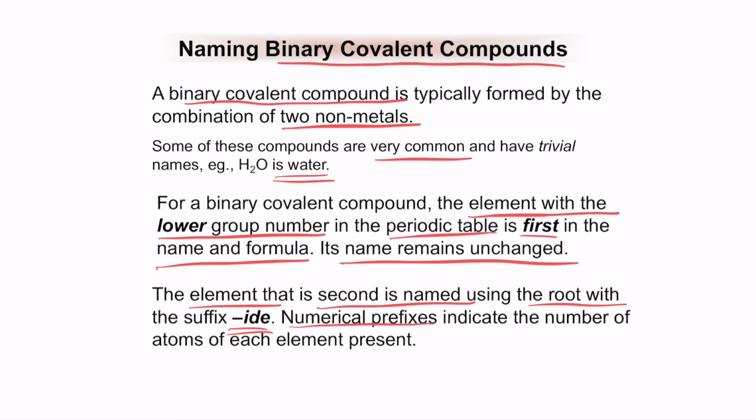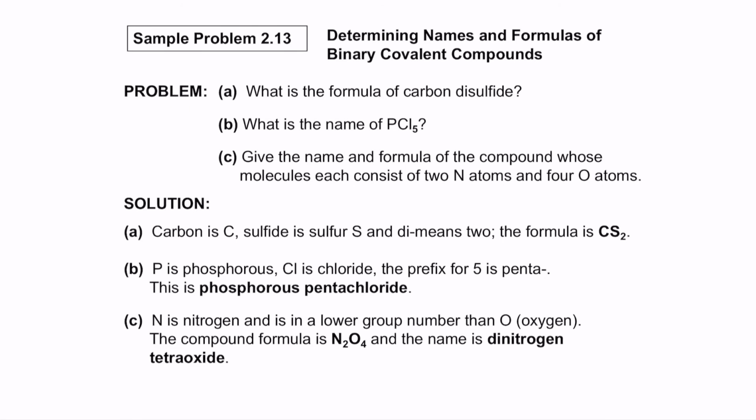Numerical prefixes indicate the number of atoms of each element that is present. For example, carbon disulfide: carbon is C, disulfide means twice, so sulfur 2. PCl5 can be named as phosphorus pentachloride.